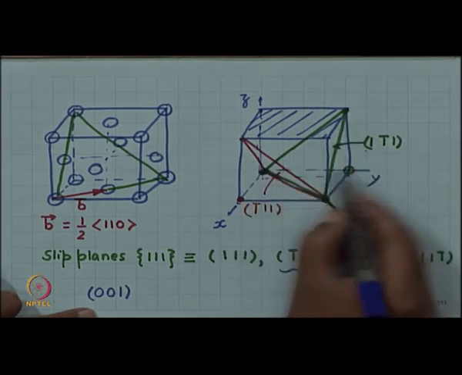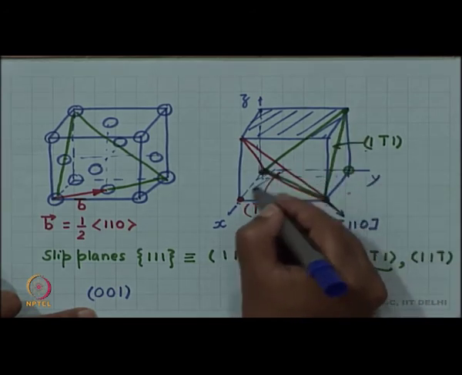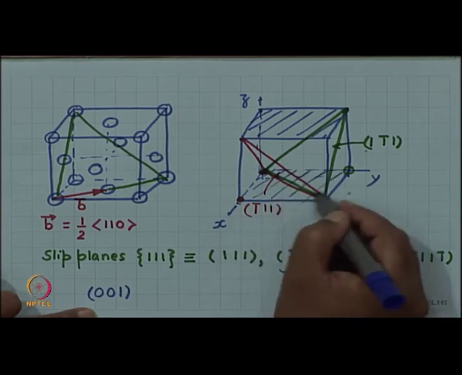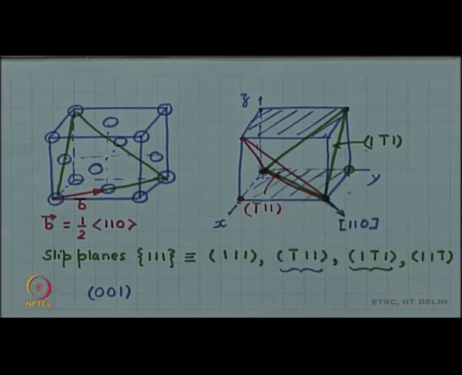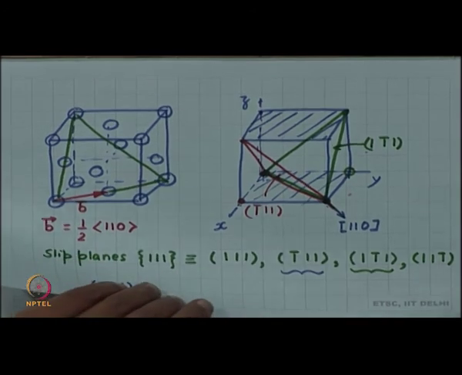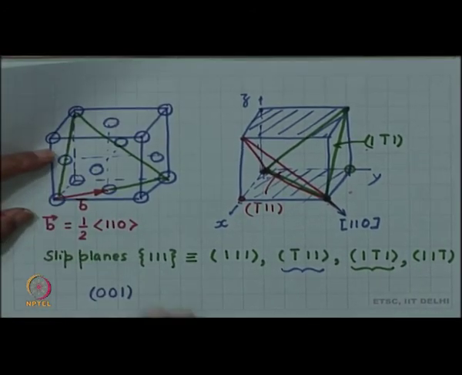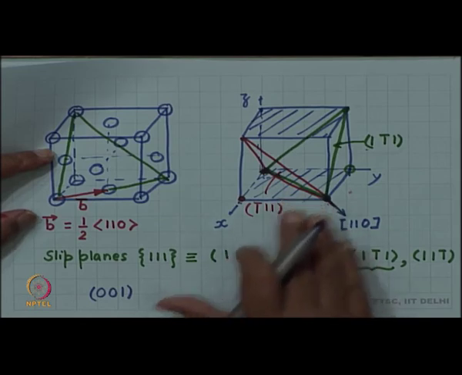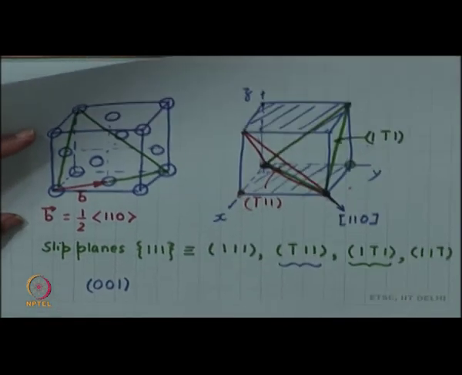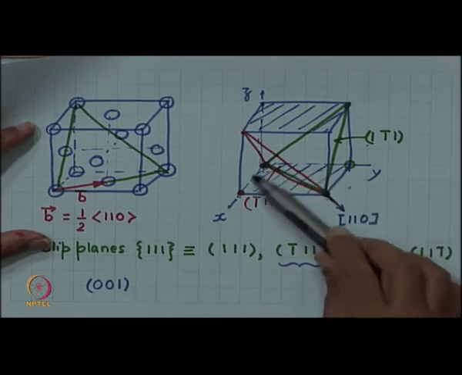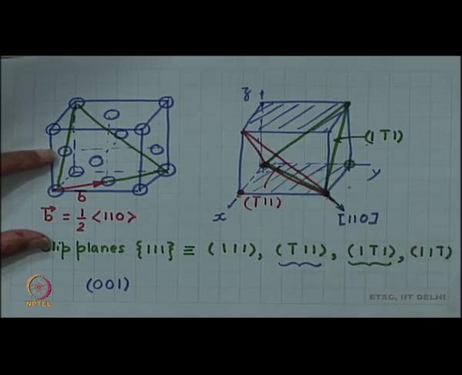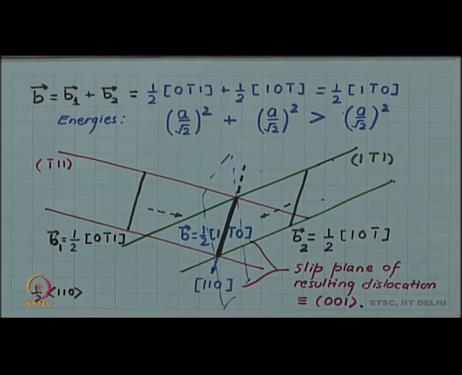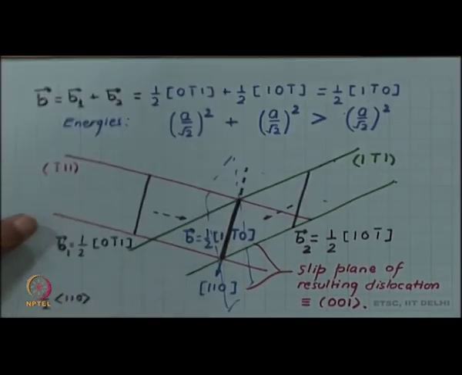So, in this particular drawing, this face will become the new slip plane of the resulting dislocation line. But this is not a slip plane required by the face centered cubic, or in other words, if the dislocation wants to slip on this plane, the required critical resolved shear stress will be much higher. So, which means this dislocation is now no more able to move. What we call is a sessile dislocation.